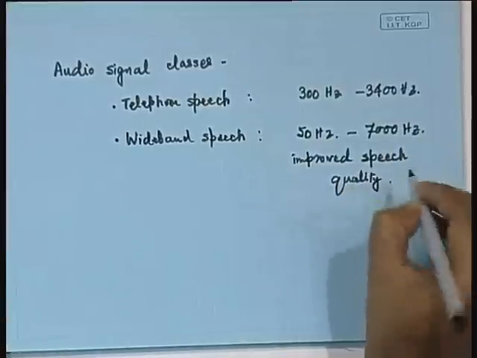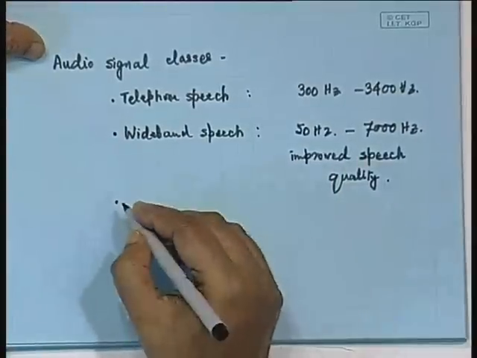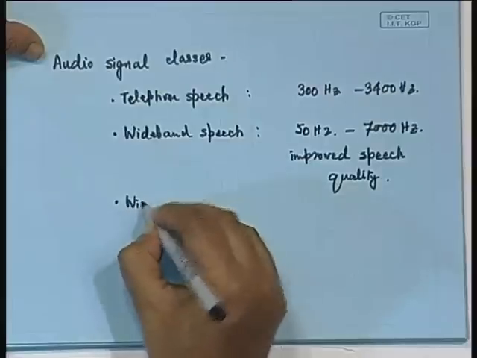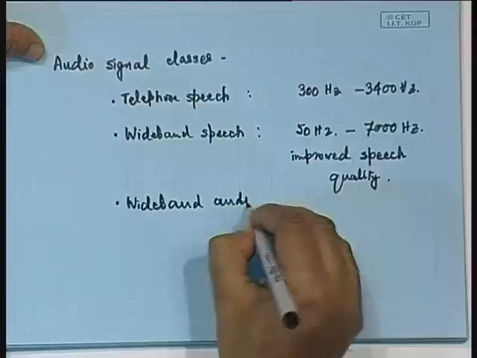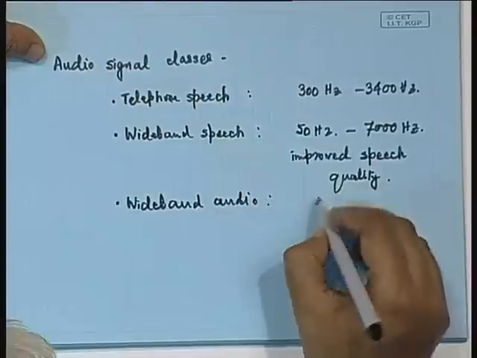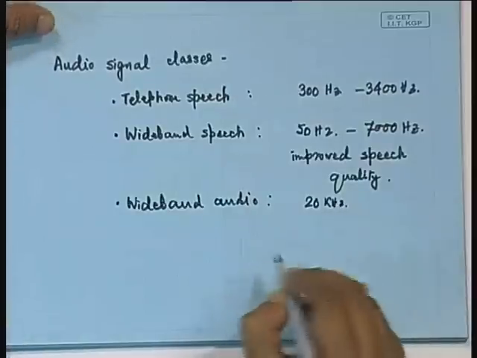And the third category is the high fidelity one, or rather the wideband audio. And for wideband audio, the bandwidth, as I have already mentioned just now, is 20 kilohertz.